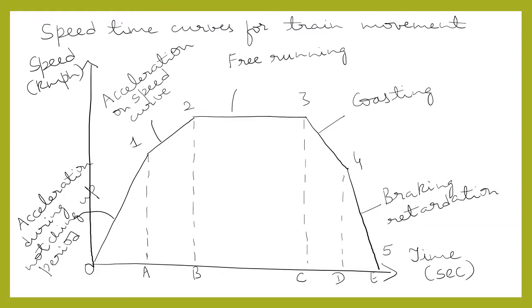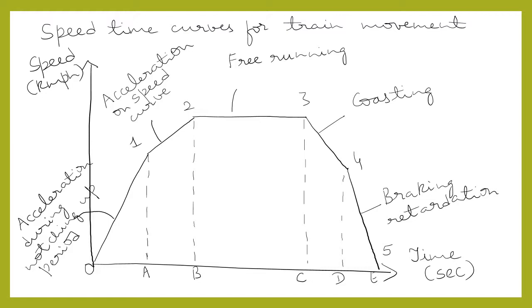The train accelerates till it attains the maximum speed, and the torque falls as the speed increases according to the speed torque characteristic of the motor, and the train will finally reach the speed at which the tractive effort will equal the resistance offered to the train motion, that is at point 2.